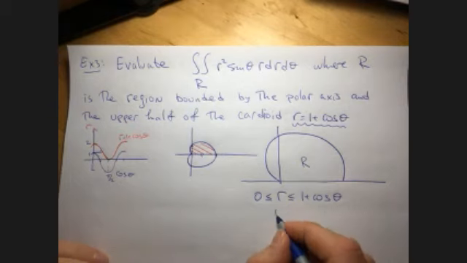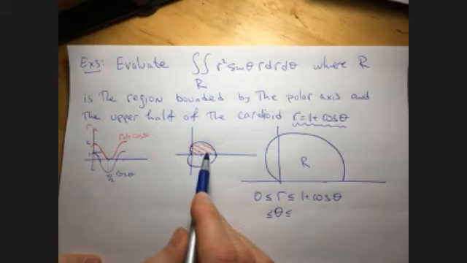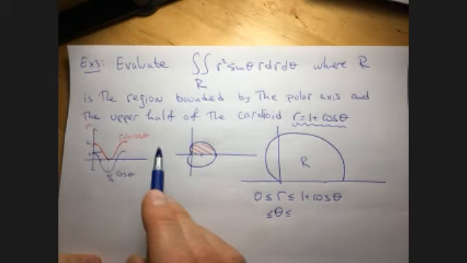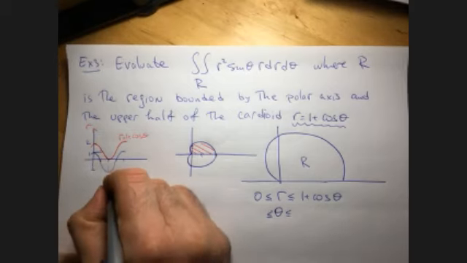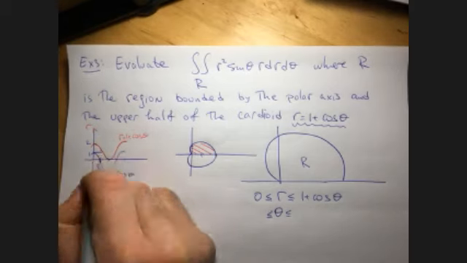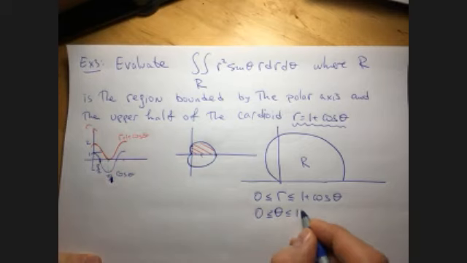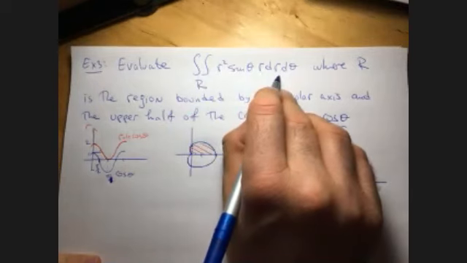And theta, as we saw from this graph here, if we're talking only about the upper half, then it's just from 0 to, this is not pi over 2, this is pi, sorry, my bad. From 0 to pi. There's nothing that I have to change here.